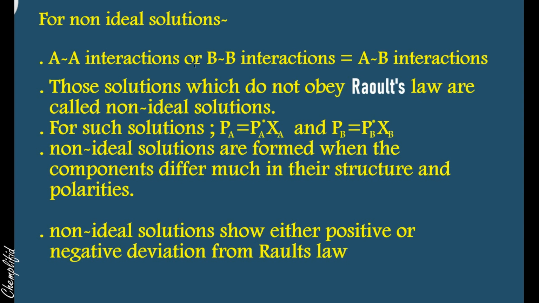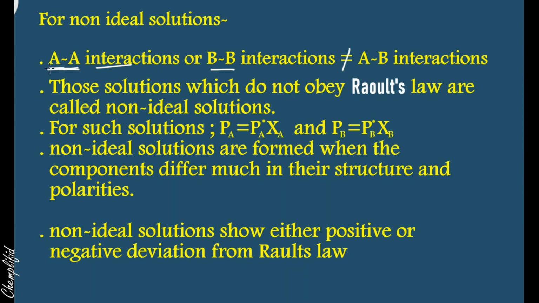Non-ideal solutions are those in which AA interaction or BB interaction is not equal to AB interaction. Means when the solution is present in pure state, that is only A component is present, their interaction, I repeat, whenever I say the term interaction, I am talking about force of attraction between the particles.